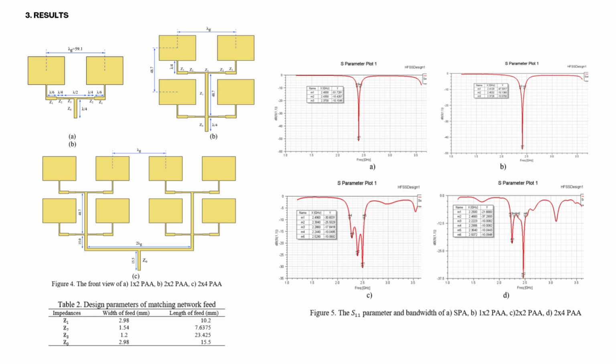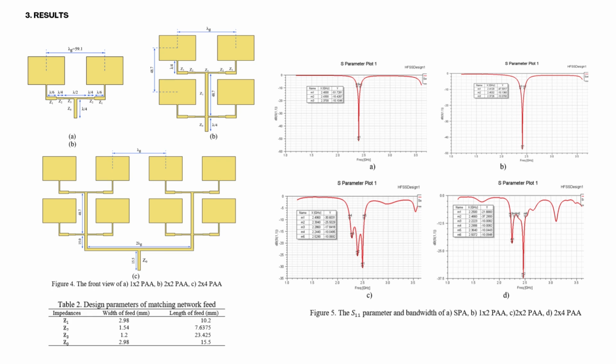Subsequently, by utilizing a parallel patch addition scheme and optimizing patch placements based on a model, a four-element PAA attained a bandwidth of 290 MHz at minus 10 dB, with an increased number of resonant frequencies observed at 2.28, 2.39, and 2.49 GHz.